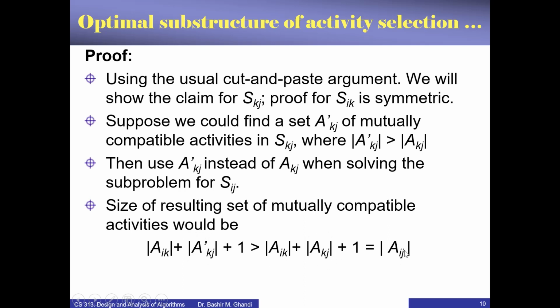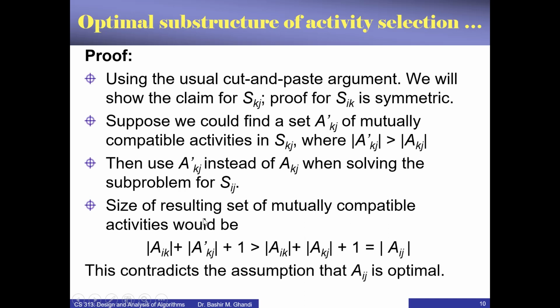So that means we are able to find another subset with more elements than our optimal solution, and that will be a contradiction. We cannot have more elements than what we presume to be the optimal solution. It means, therefore, what we suppose here cannot actually hold. So there is no such element that will have more elements than AKJ. There is no such subset, rather. Okay.